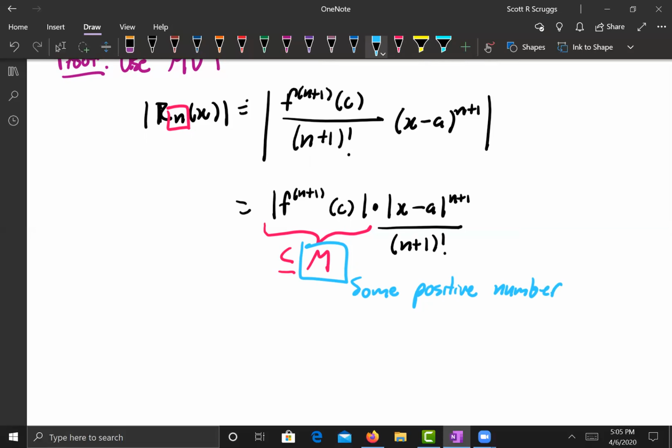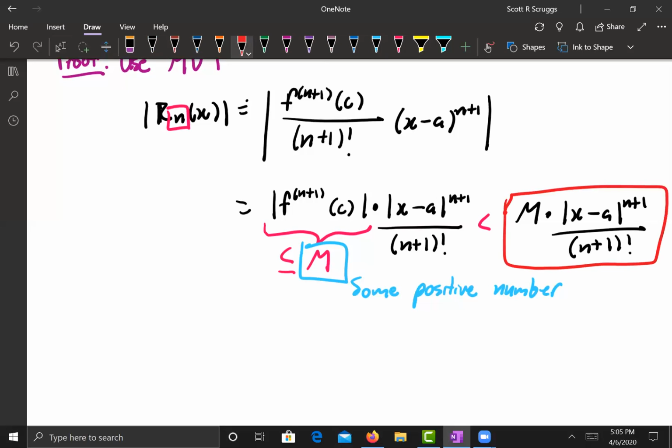Essentially, our goal for estimating the remainder is, if I show that this quantity is bounded above by some positive number M, then I can estimate my remainder with M times (x minus the center) to the n+1, divided by (n+1) factorial. And this is what's boxed in there.